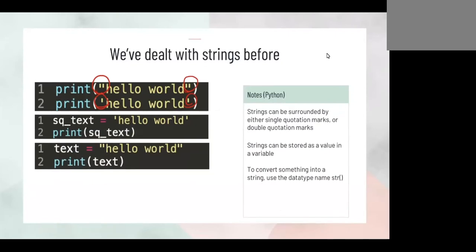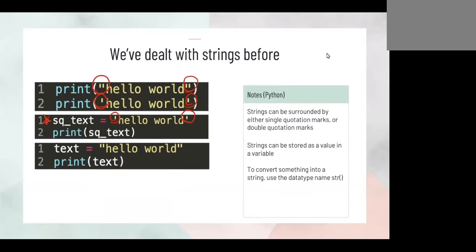We could have also stored them into a variable. So instead of just straight up printing hello world, we had different options. You can see here we use single quotation marks to store our string, and the string is stored in this variable sq text.